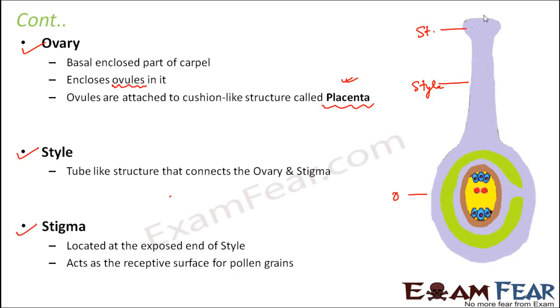So there has to be a surface which will receive the pollen grains, and that surface is the stigma. Whenever the pollen grains come from the stamen, the stigma will receive them, and then through the tube-like style the pollen grains will reach the ovary, and inside the ovary we have the ovules. Inside the ovules we have the egg with which the male gamete will fuse and fertilization will take place.